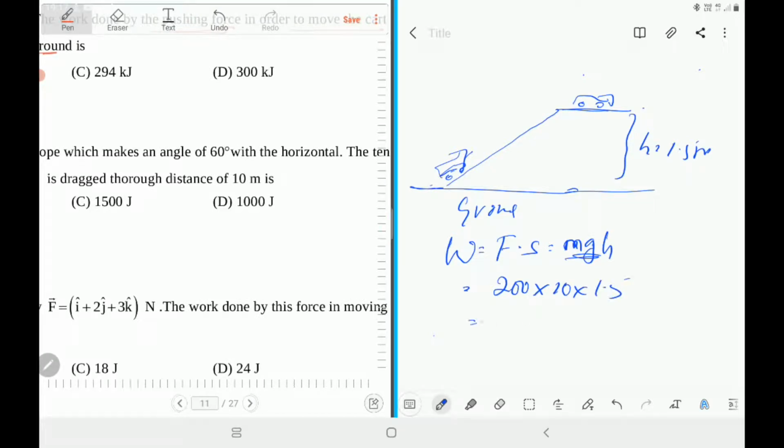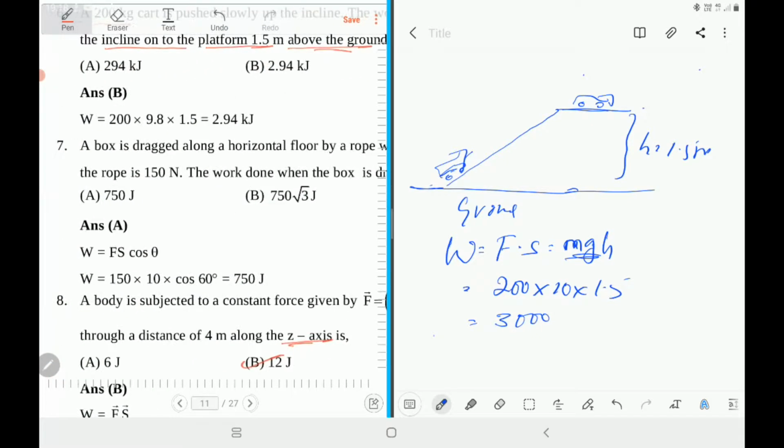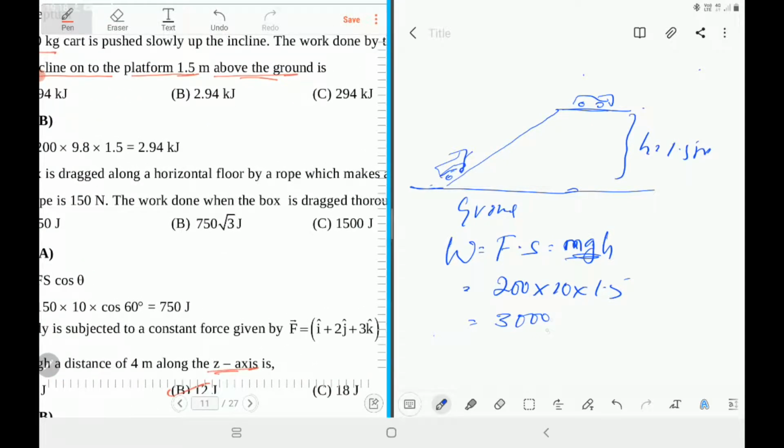That's why I can try with 10. 15 2s are 30, 300, right? 30, 50, 200. This is 3000 actually. So the value is coming around 3000. If you write in kilojoule, it's nearly 3.0 kilojoule. Why kilo? 1000 is kilo. 3 zeros. That's why 3.0.